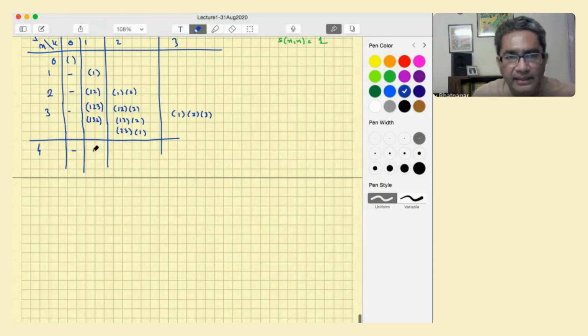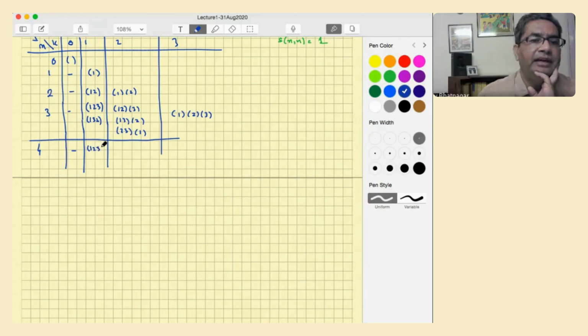Now here, it's interesting that one can think of putting a 4 anywhere here. So 1, 2, 3, and I can put a 4 here. I sometimes don't write the commas. And then I can have 1, 2, 4, 3.